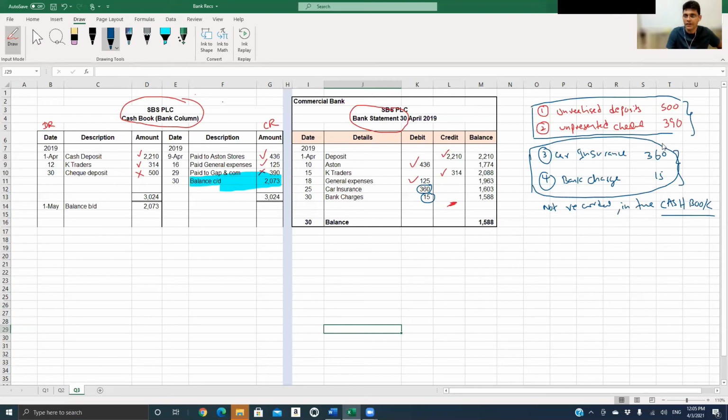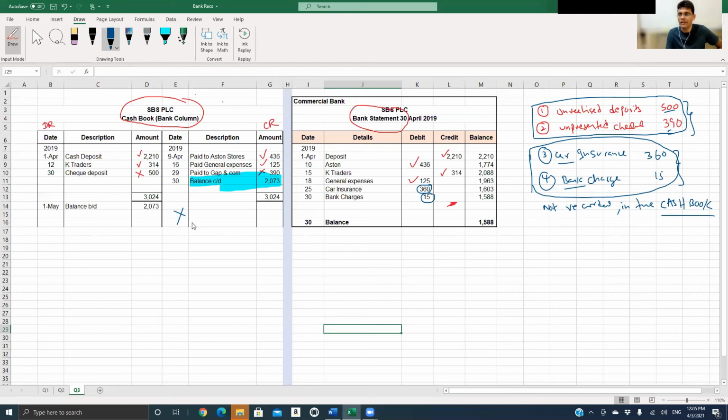These two transactions are recorded, right? 500 and 390. We have recorded them in the cash book, but they were not in the bank statement. But these two particular transactions were not recorded in the cash book.